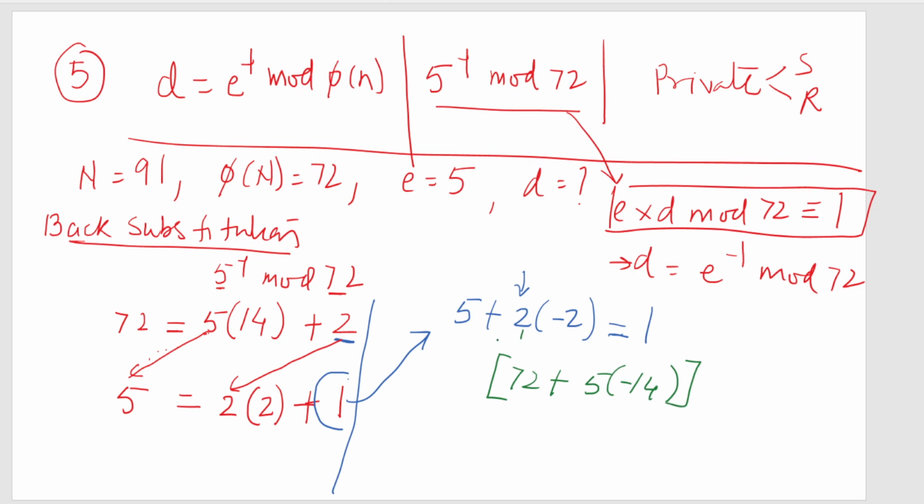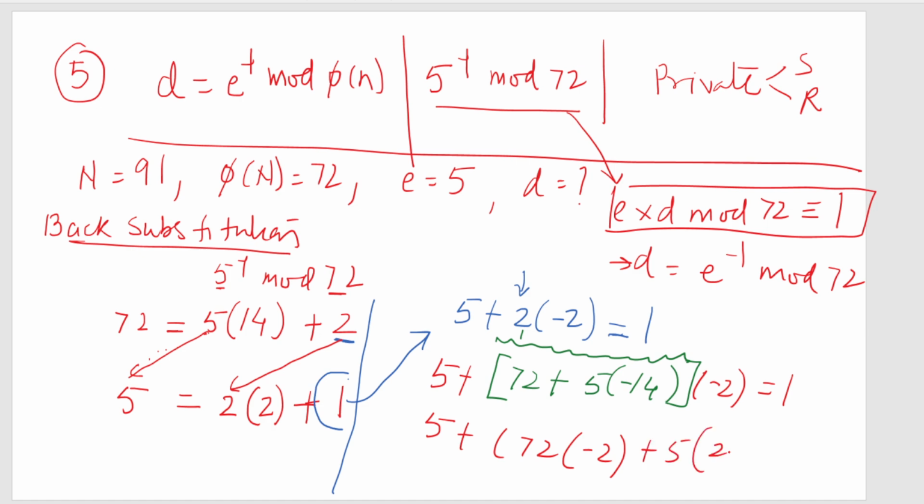So we have replaced this 2 with this complete equation, and now I can go back to the same equation, 5 plus, this was the initial thing, and this minus 2 times it is equal to 1. Now when we solve this equation, I get 5 plus 72 times minus 2 plus 5 times 28 is equal to 1.